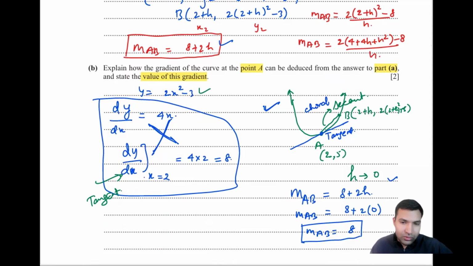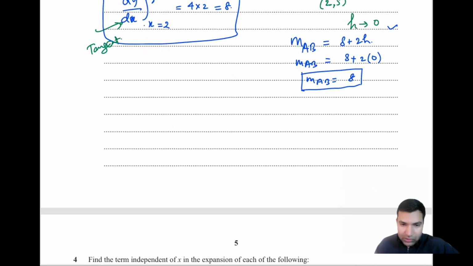So 1 second is a huge margin, it is not an instant. An instant would be, suppose A is 1 second, then a millisecond after, 1.001. So B is very, very close to A, but it is not equal to A. It is tending towards A. So this is what we have to do here. I hope you understood this concept.